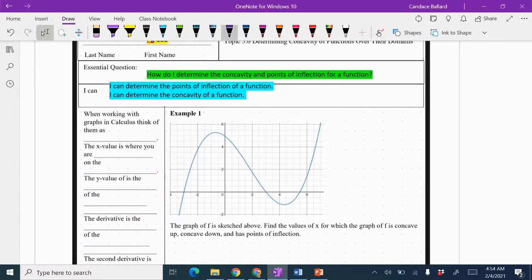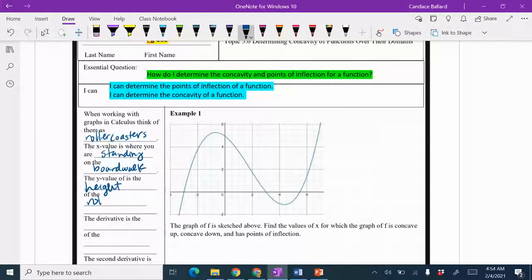When we are working with graphs in calculus, you want to think of them as roller coasters. The x value is where you are standing on the boardwalk, and the y value is the height of the roller coaster track.